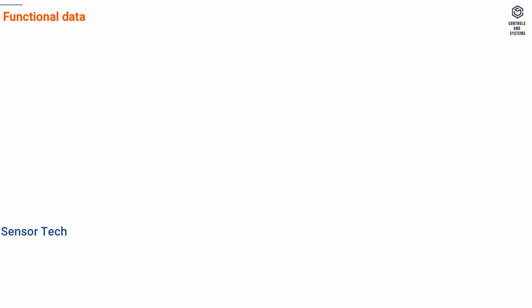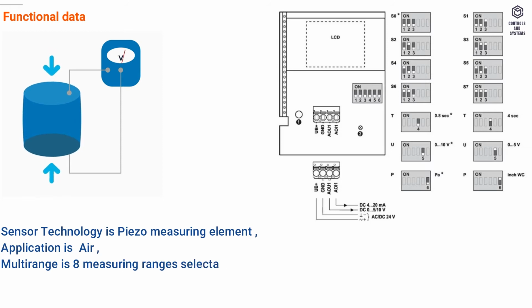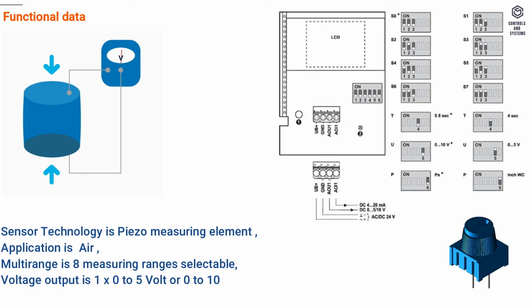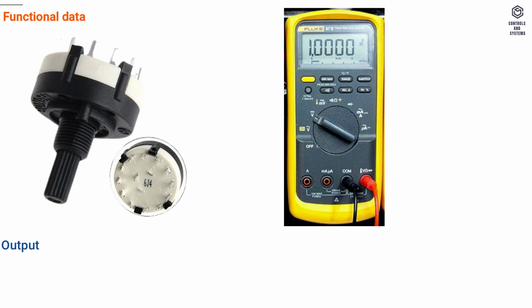Functional data, sensor technology is piezo measuring element, application is air, multi-ranges 8 measuring ranges selectable. Voltage output is 1 x 0 to 5 volt or 0 to 10 volt, with minimum load 10 kilo-ohm, current output is 1 x 4 to 20 milliamps, with maximum load 500 ohm, output signal active.